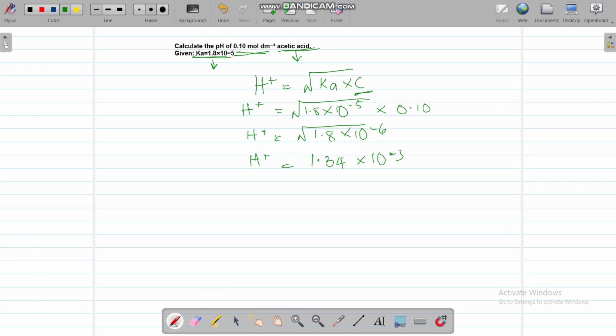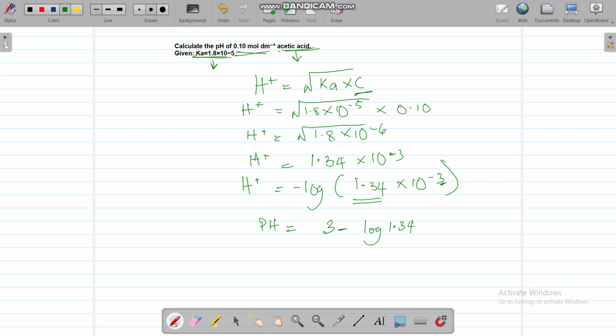So now we can start using what we learned yesterday. We can start putting our log. So pH equals minus log of 1.34 times 10 raised to the power minus 3. Remember yesterday I said your pH would be this value 3 minus log of this value 1.34.